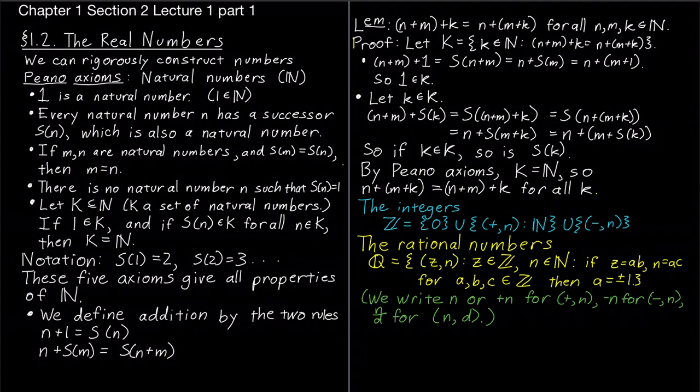And similarly to the integers, working with these definitions, you can define addition and subtraction and multiplication on ordered pairs. You can show that everything you expect to be true about the integers and the rational numbers is in fact true. And we're just going to take that for granted.